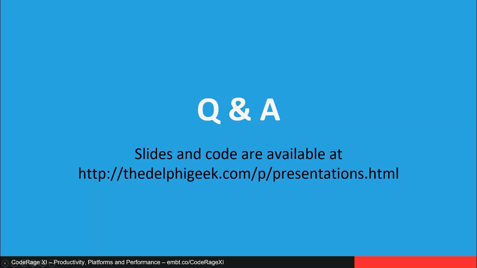Here's a question about OutputDebugString, if that works on other platforms, or is that a Windows-specific feature? OutputDebugString is a Windows-specific feature. I think there's another session on logging on all platforms at CodeRage XI. Yep, Brian Long did one, he said use LogD.